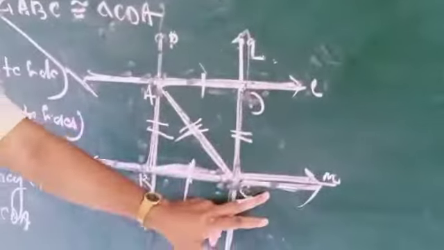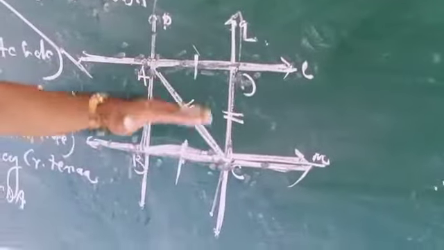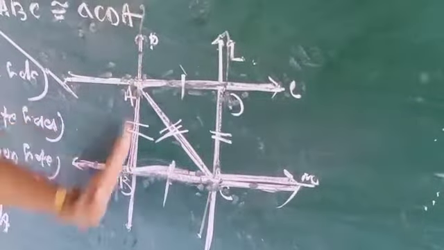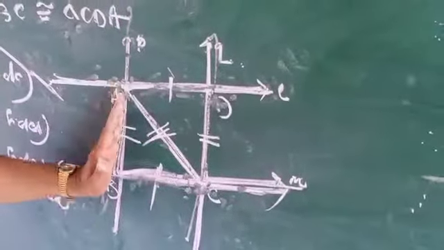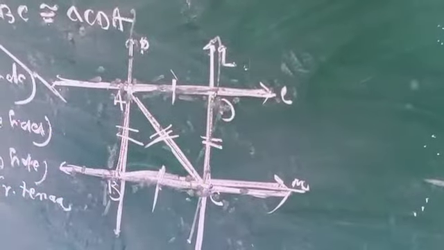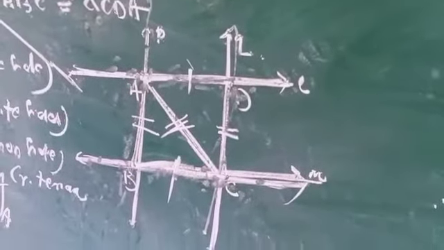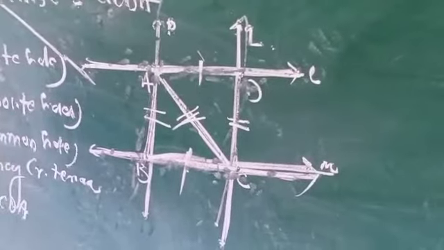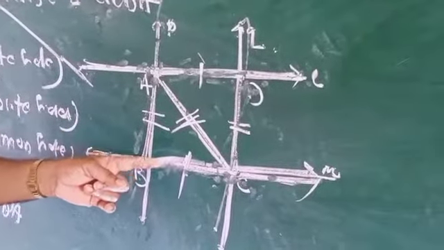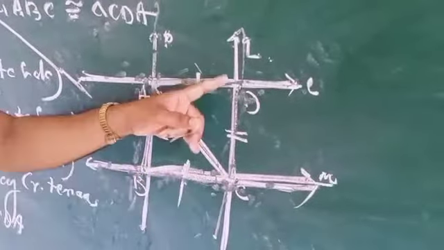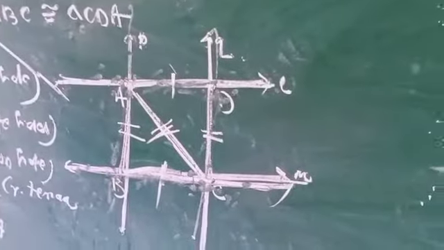Very easy. L is parallel to M, so AD is parallel to BC. P is parallel to Q, so AB is parallel to DC. So if in a quadrilateral opposite sides are parallel, then that quadrilateral is called a parallelogram. So ABCD is a parallelogram, and in a parallelogram opposite sides are equal.